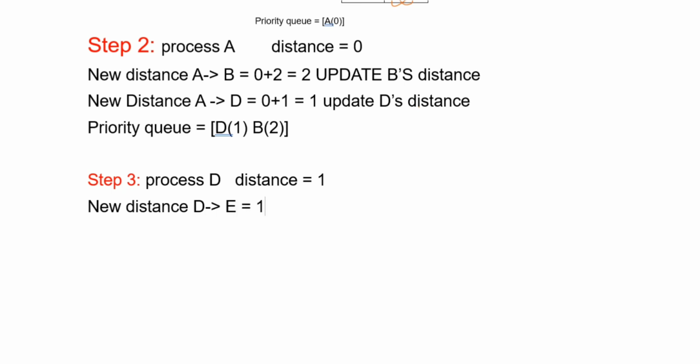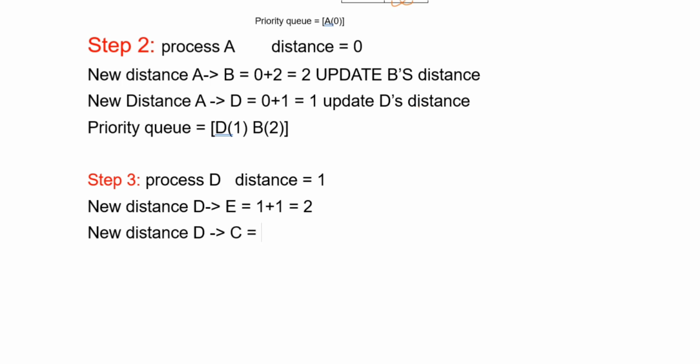D's neighbors are A, E and C. A is already visited, so we need to visit C and E. D to C is 3, so the new distance is 3 plus 1, equal to 4.